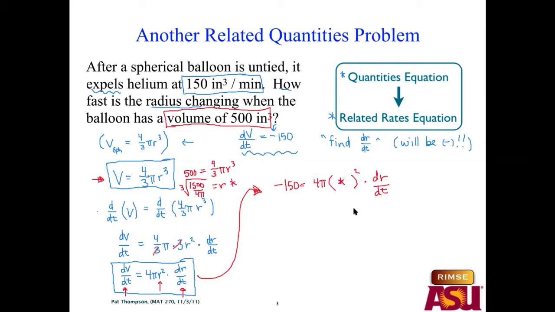So to solve for dr/dt, I'm going to have negative 150 over 4 pi times that lovely number, whatever it is, squared. And it will be negative. I don't know the value of it off the top of my head. If you want to pop this in a calculator and see a decimal value for this, you can.